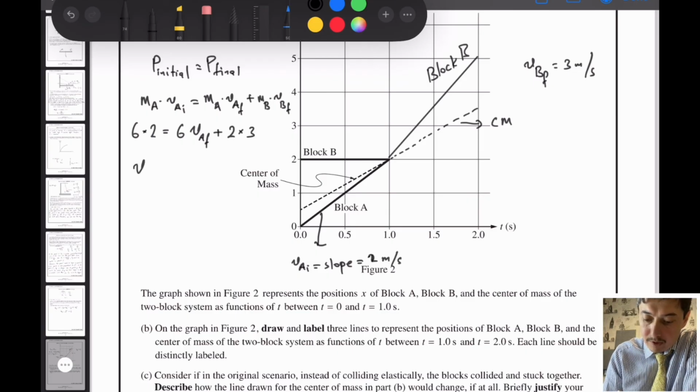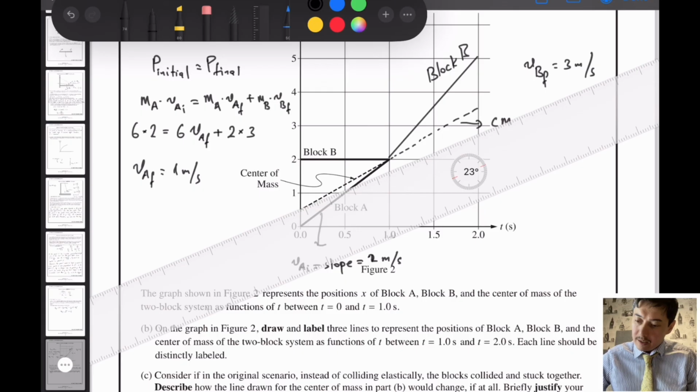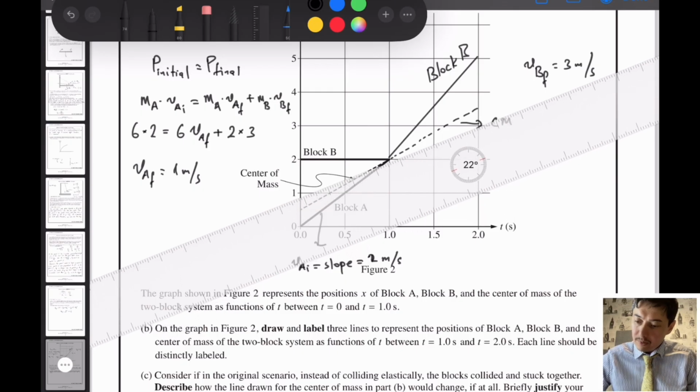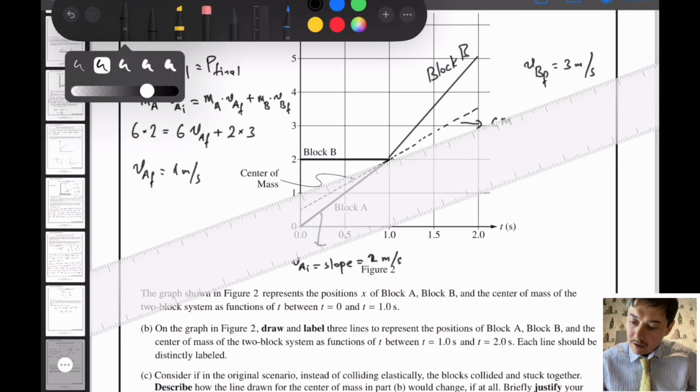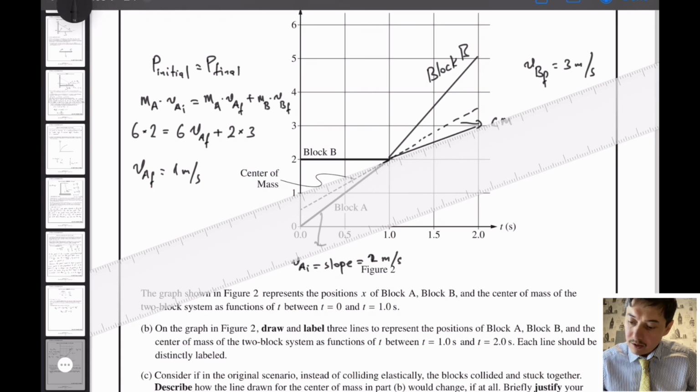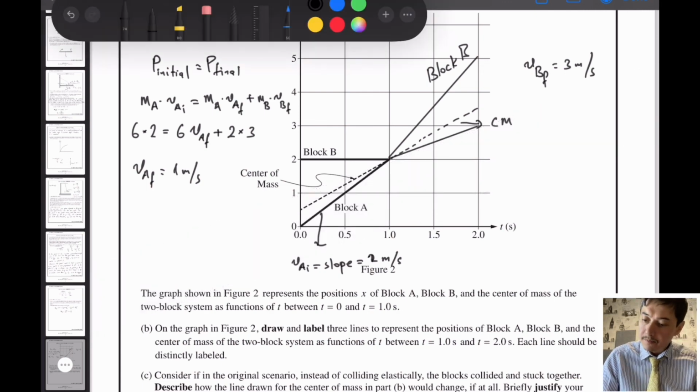So velocity A final is going to be 1 meter per second. So in 1 second, the position is going to change by just 1 meter. So the graph line will look like this. Let's label this as block A.